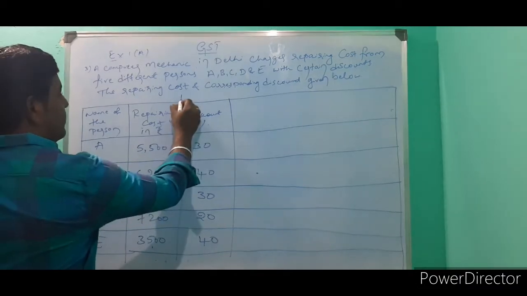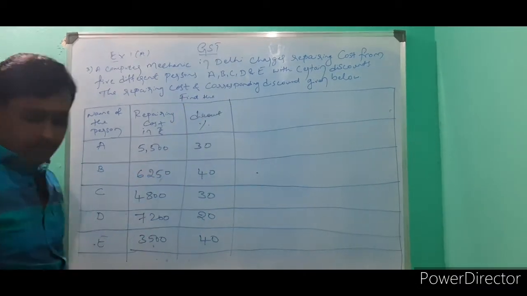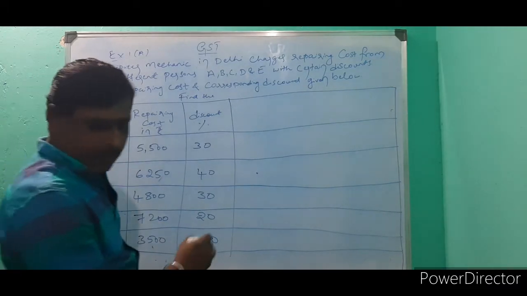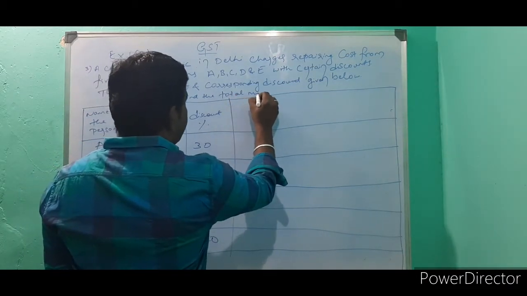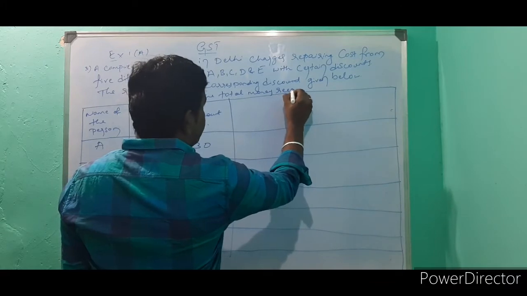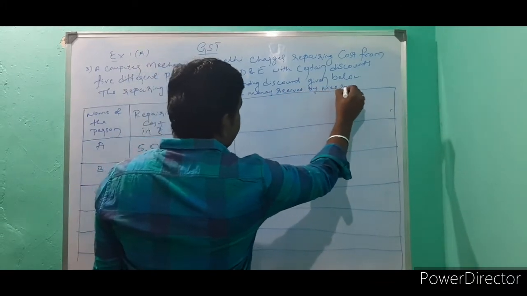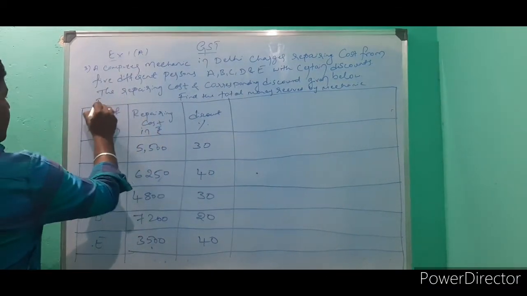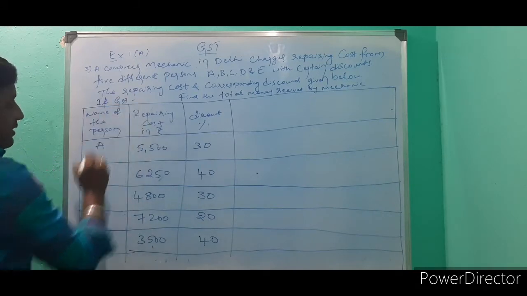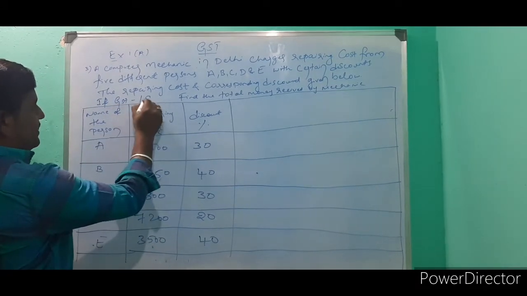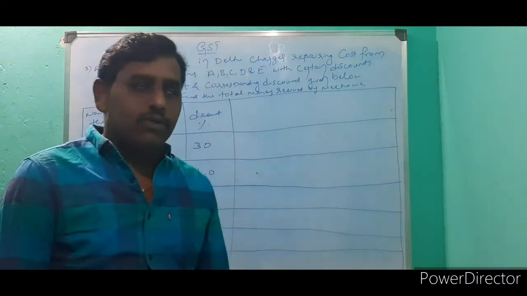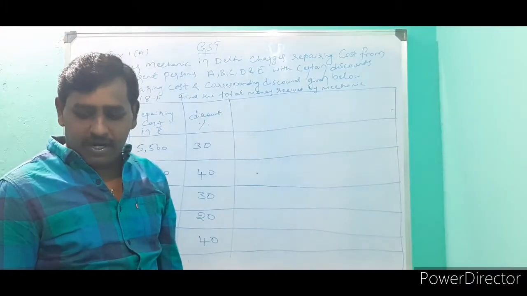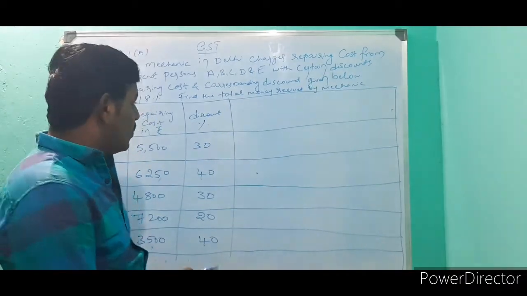So we have to find the total money received by the mechanic if the rate of GST is 18%. So here within the state, that is intrastate. So intrastate means you have to find CGST and SGST on the total bill.